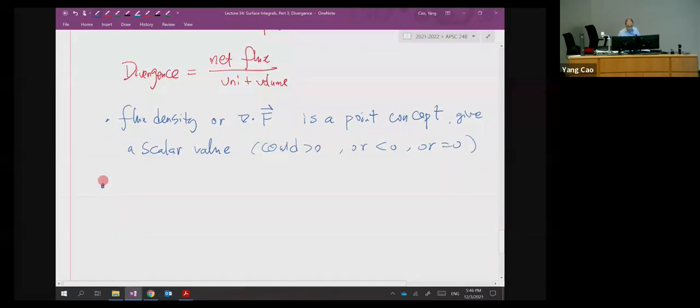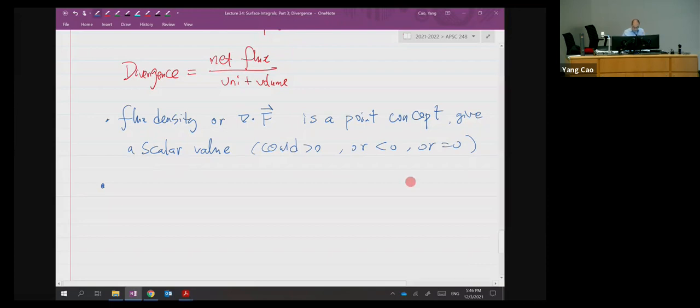And the second observation: because you're talking about a flux density, the scalar value that you obtain here describes essentially whether flux is actually getting out of this point, or going into this point, or there's nothing going in or out of this point, and that's 0.